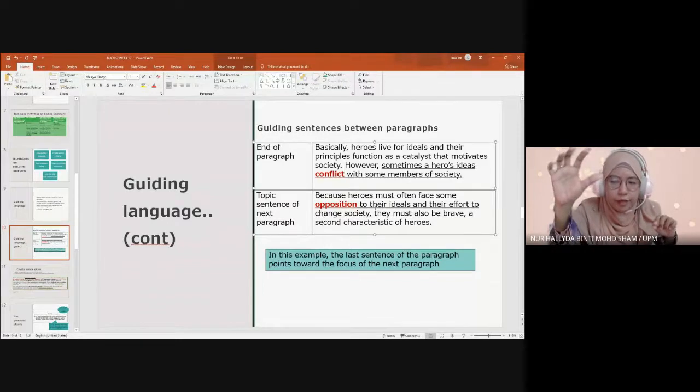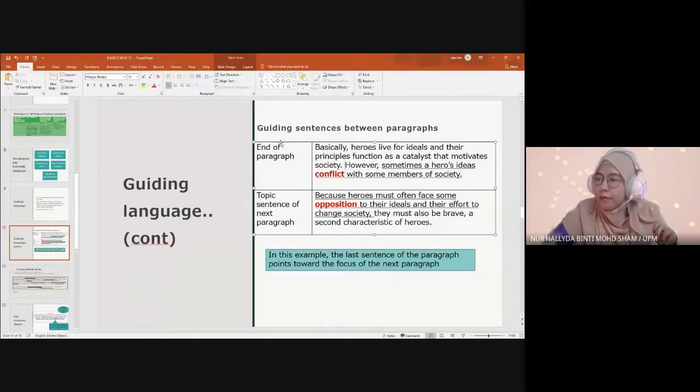Hujung ayat dan ayat pertama. Hujung ayat paragraph 1 and then ayat pertama, second paragraph. Link it. So how to link here? Okay, just now we talked about conflict, meaning even heroes have conflict with some members of society. So next paragraph, you start with a sentence that also talks about conflict, but with a different word.